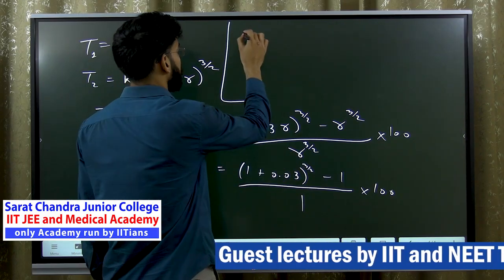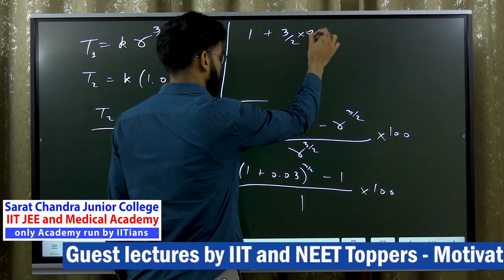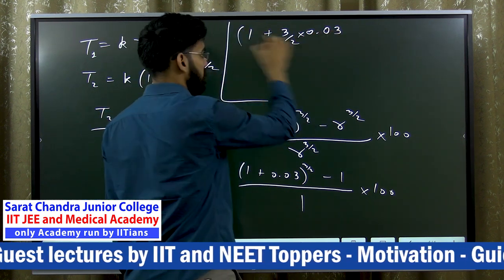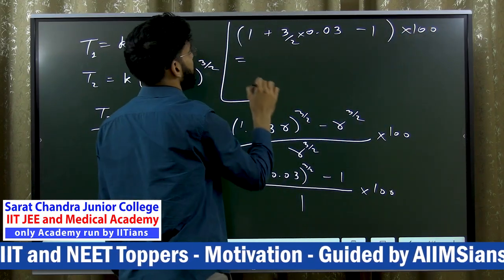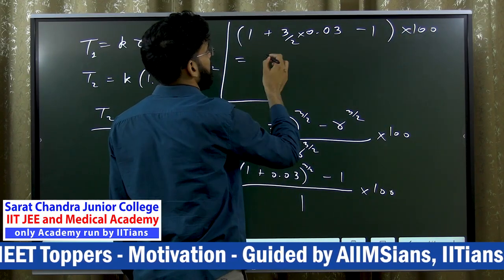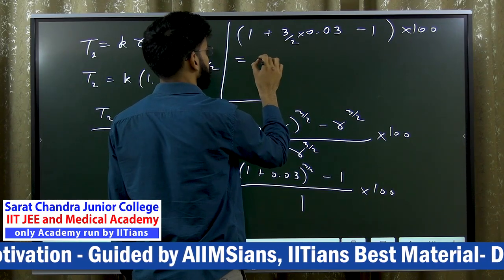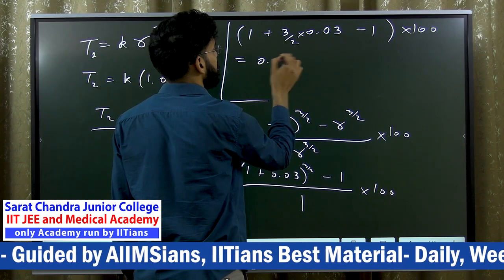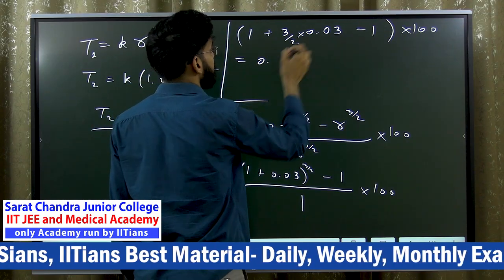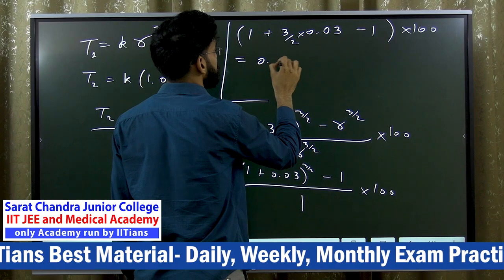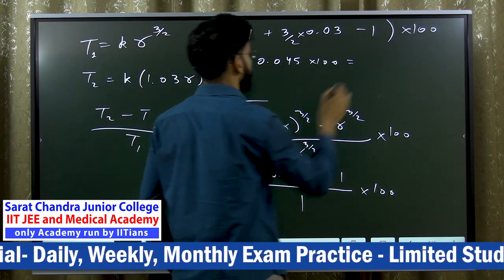So 1 plus 3 by 2 into 0.03 minus 1, into 100. The 1 cancels out. So 3 by 2 into 0.03 is 0.045, into 100. So this will come 4.5%.